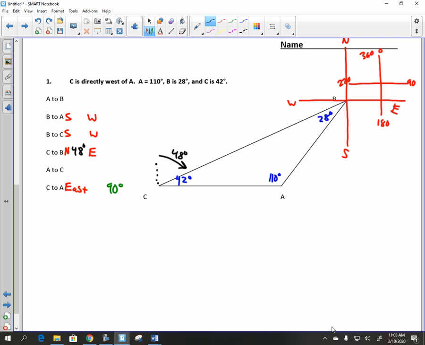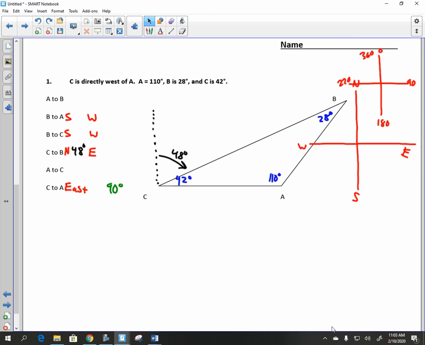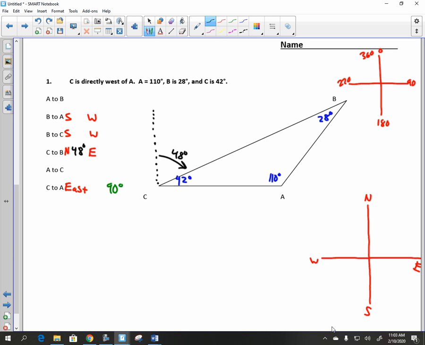This method, we create some grid lines. I'm just making north-south and east-west grid lines. These are imaginary lines.